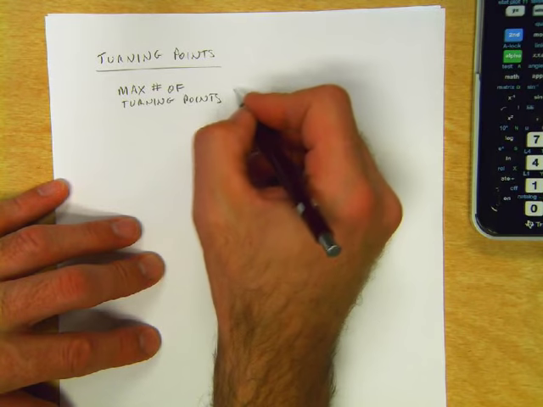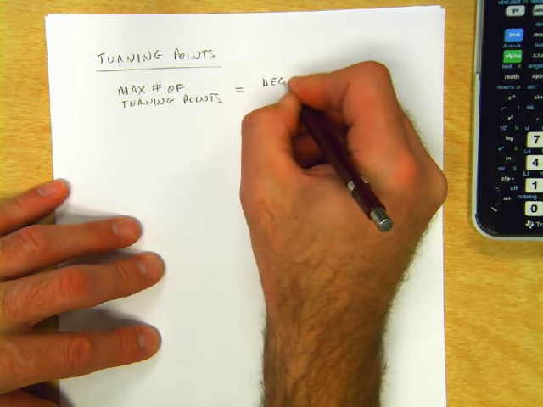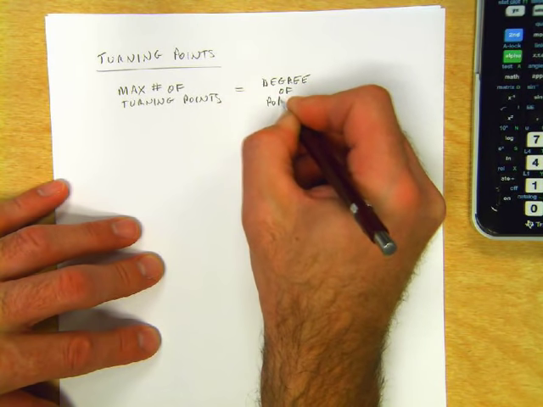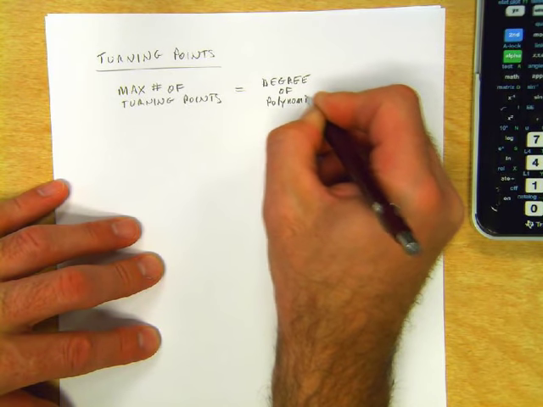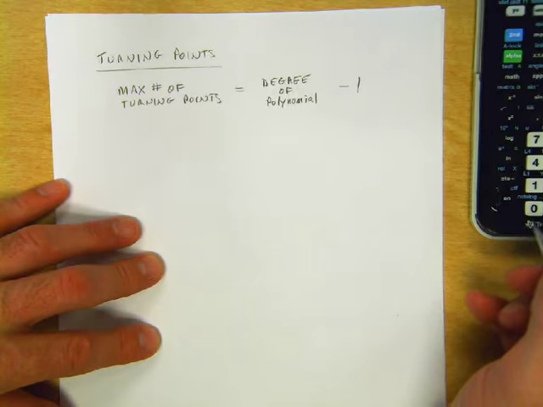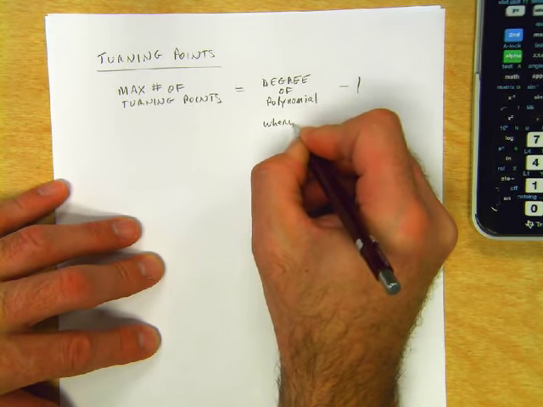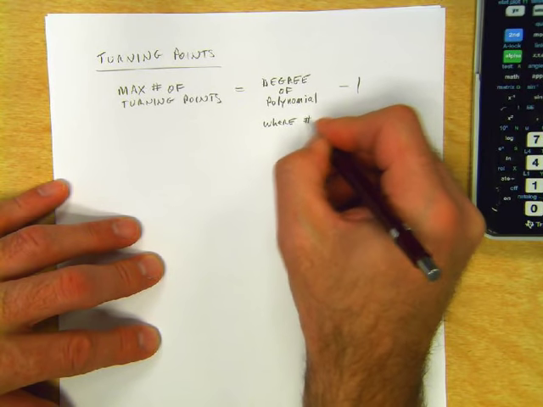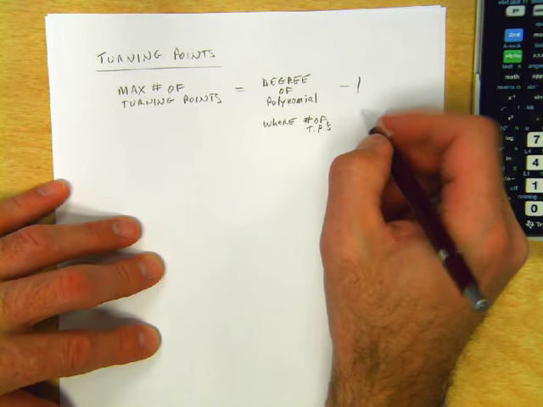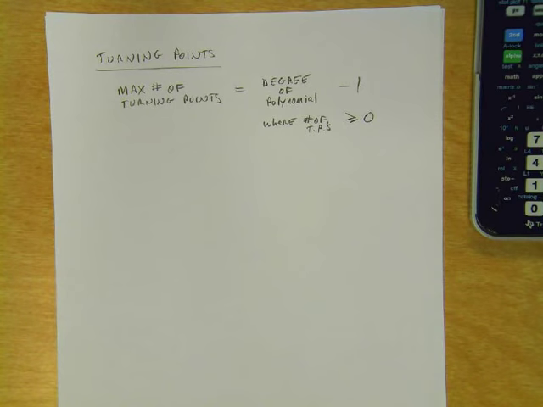And the maximum number of turning points is equal to the degree of the polynomial minus 1, where the number of turning points must be greater than or equal to 0.